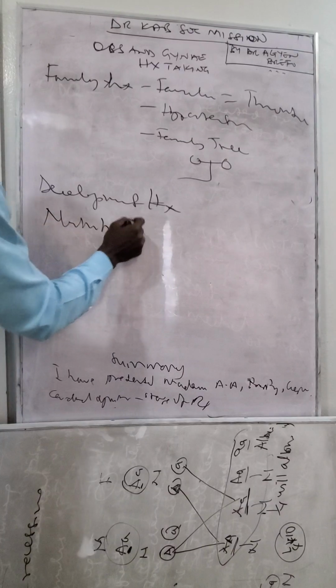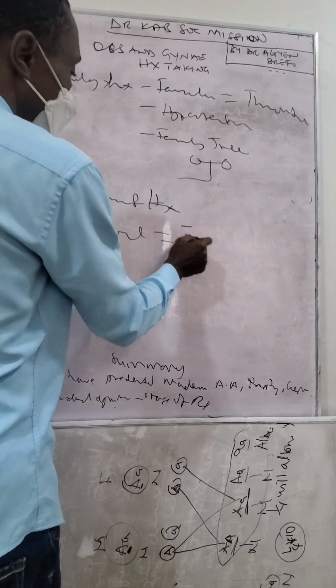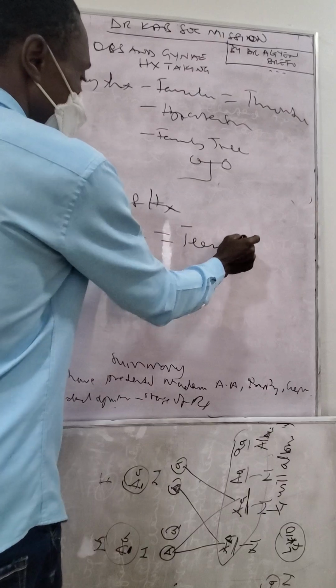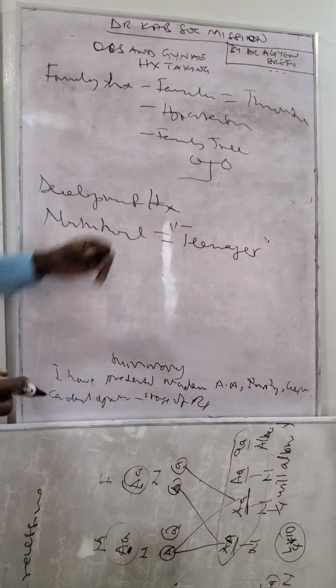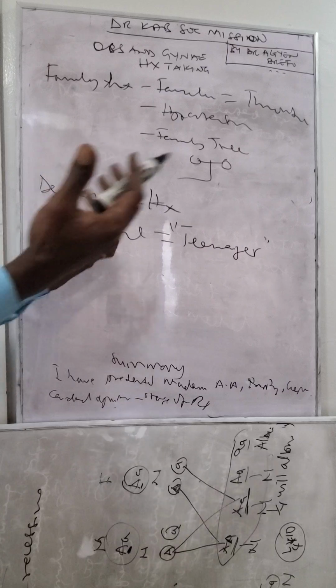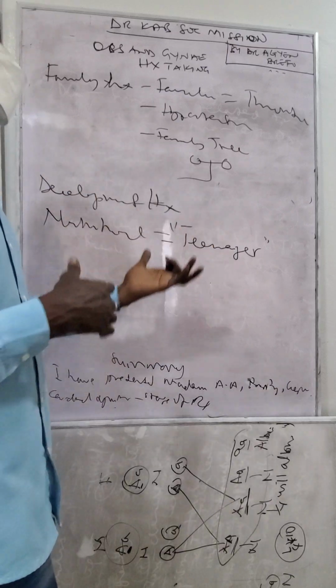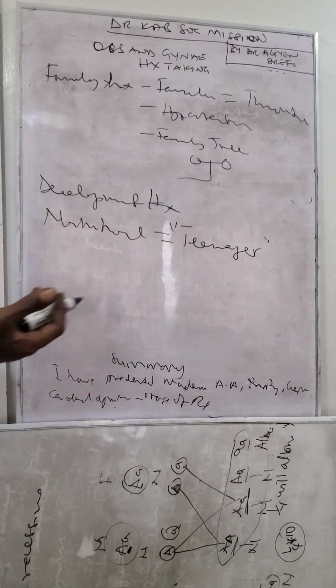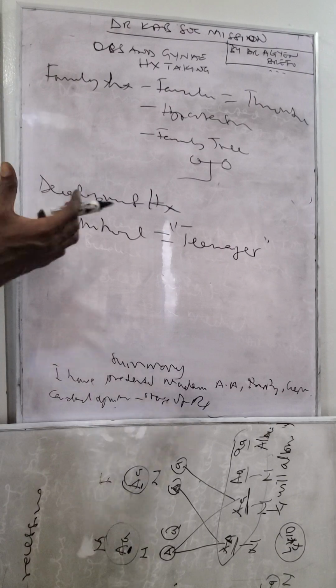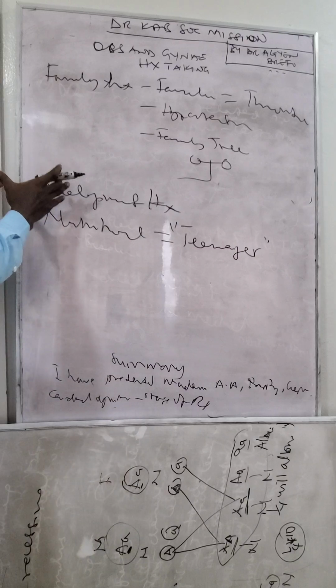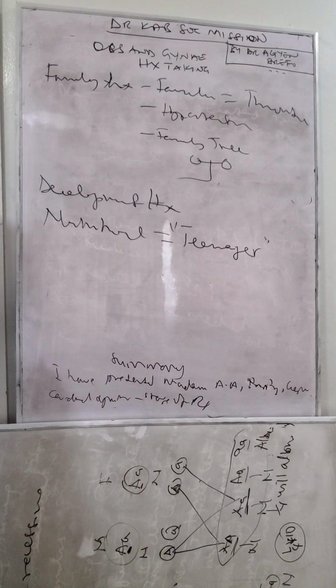Nutritional history may become important, maybe you are dealing with a teenager. They may be malnourished, they may be smaller. If they are pregnant, you can talk about the sort of nutrients they are getting. So depending on the person you are dealing with, these components may come into the picture.